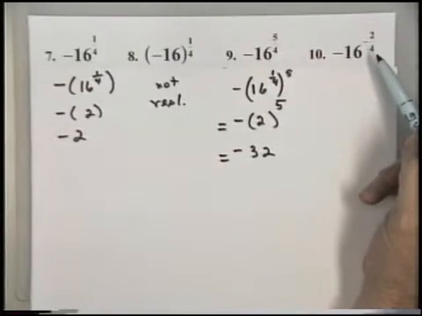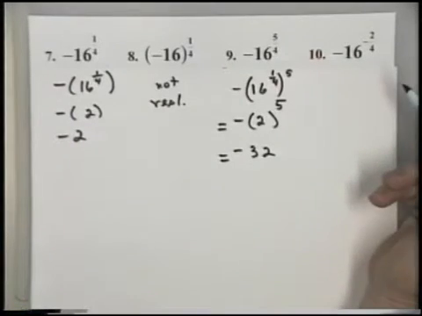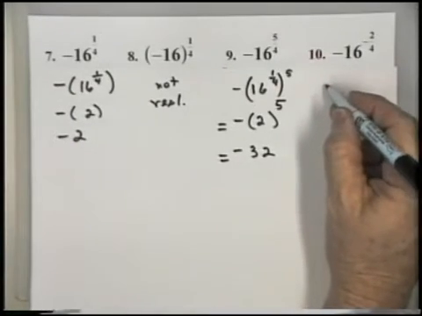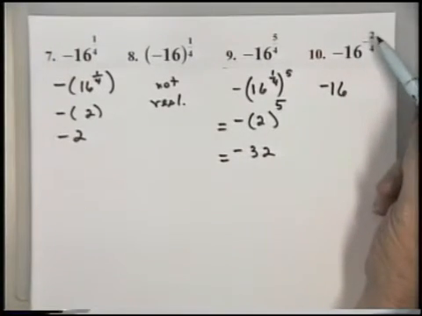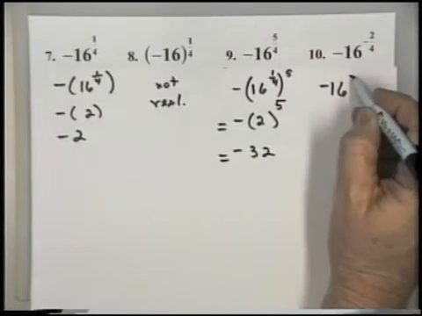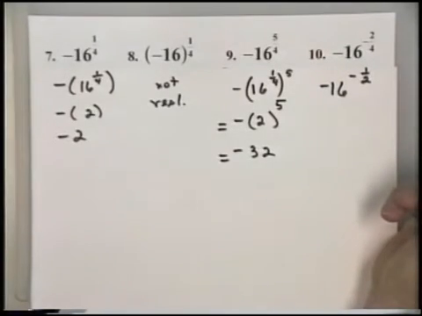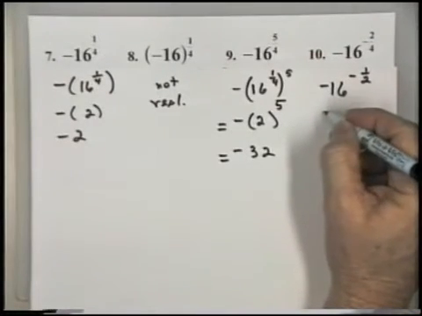And then finally, number 10 is a little maybe tricky. Watch it over there. Look what we've got. We've got a negative 2/4. Well, remember what we said? When we deal with rational exponents, we're always going to reduce them. So we would write that as a negative 1/2 power.